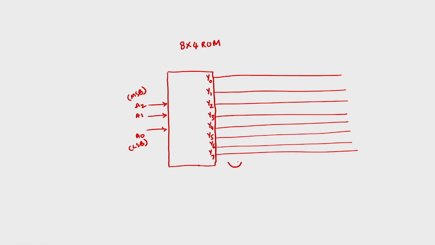And 4 means we require 4 8-input OR gates, with outputs D3, D2, D1, D0. There are 8 inputs.